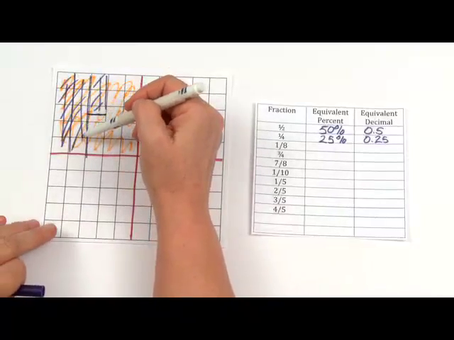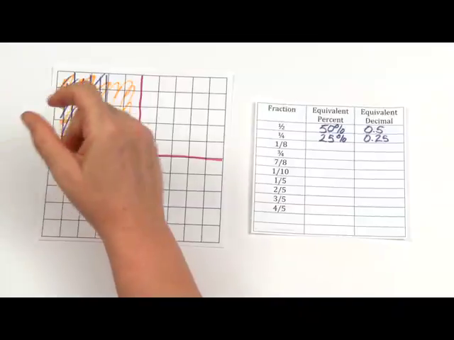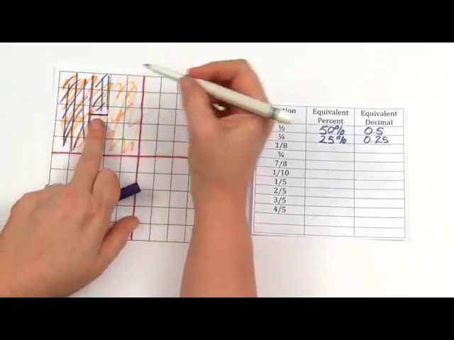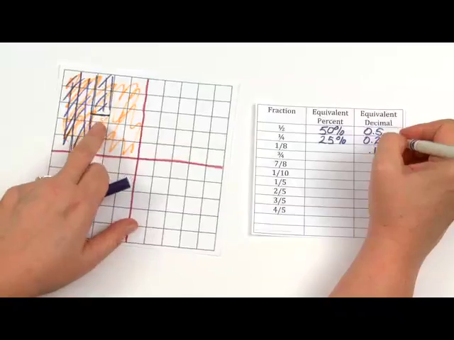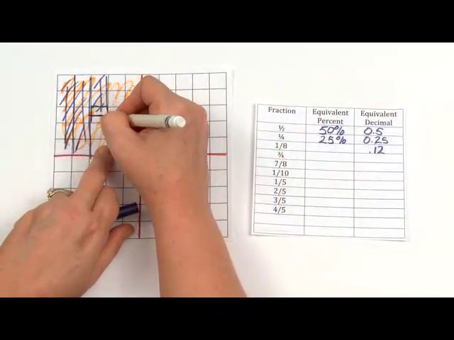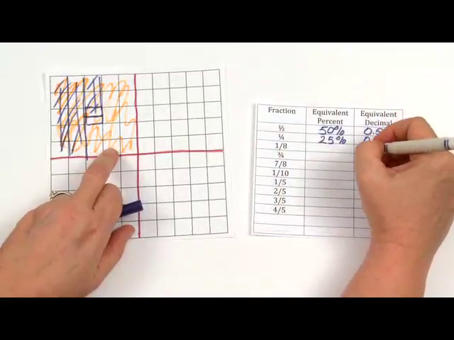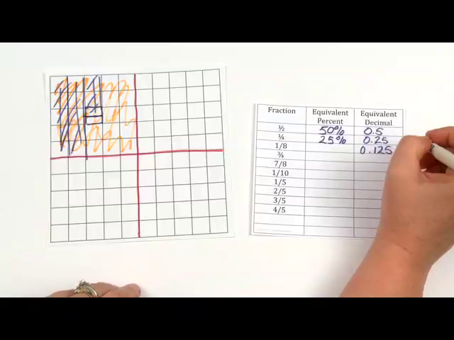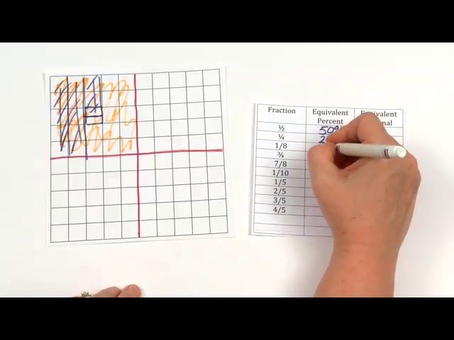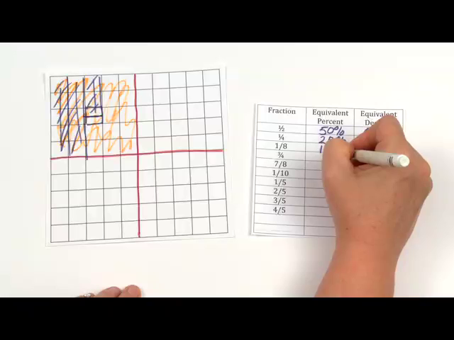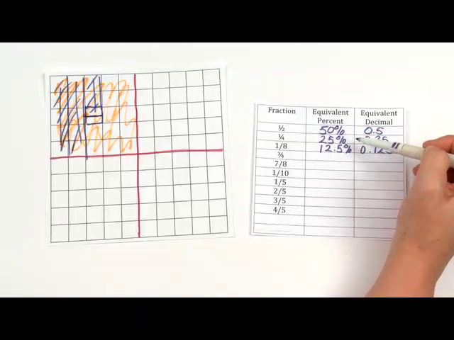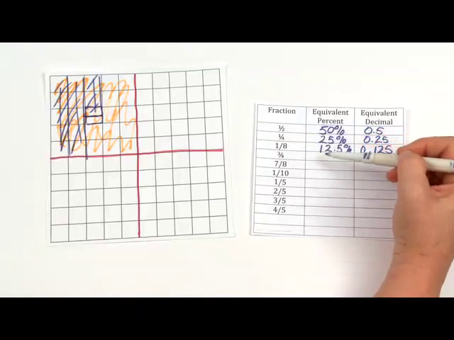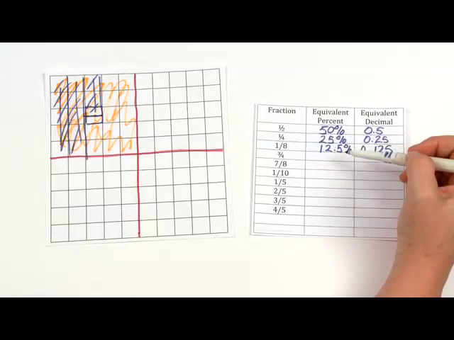And that will give us 10 of our hundredths, 11, 12 of our hundredths, 12 hundredths, and then a half of 1. So that would be 125 thousandths, or we might say 12.5%. We'll call it 12.5%.